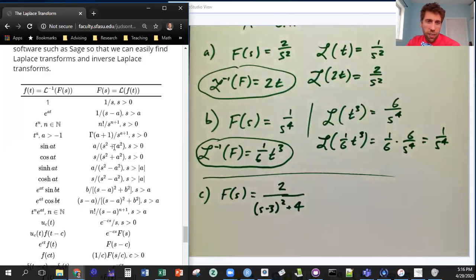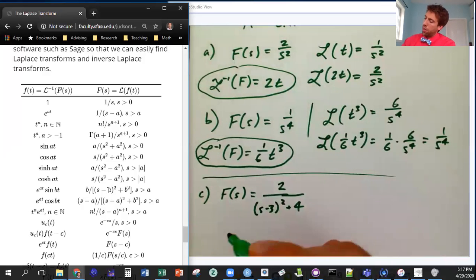but then to shift it, you need e to the at times that. So e to the at sine of bt. So here, if you look at this, the top is b and then b squared. So b is 2, and then minus a, so a is 3.